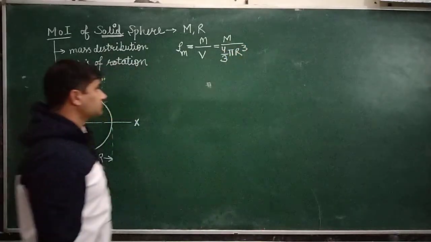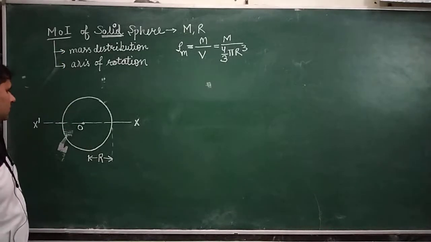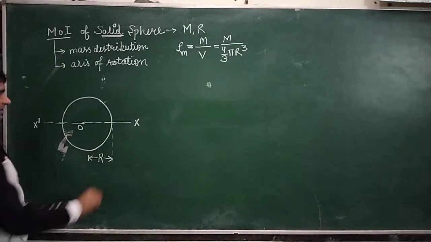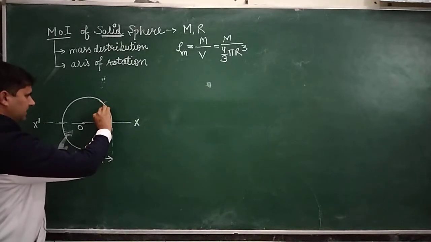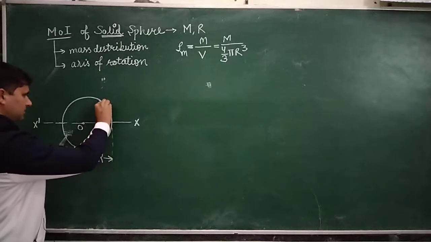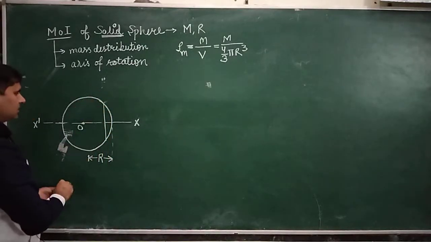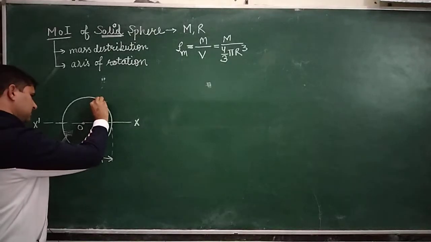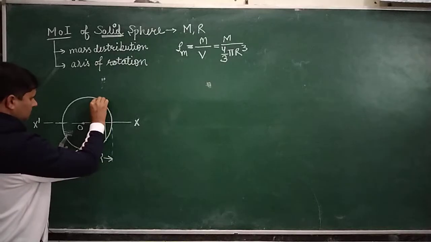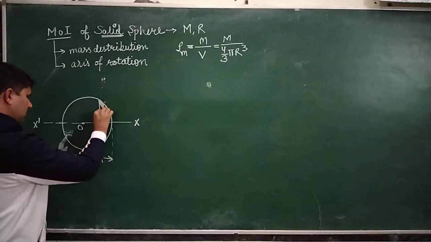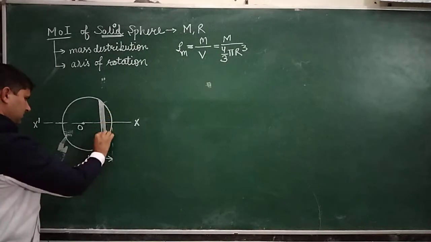To find the moment of inertia of the solid sphere, what we will do? We will divide this sphere into discs, various slices. We will cut it like this, and then you will get a slice. I am talking of this one, let me represent it with white color.